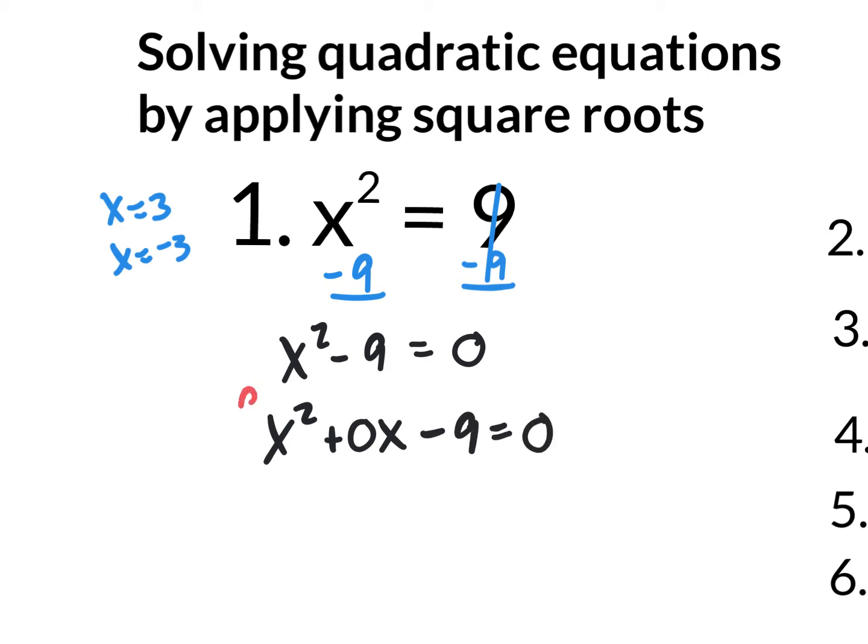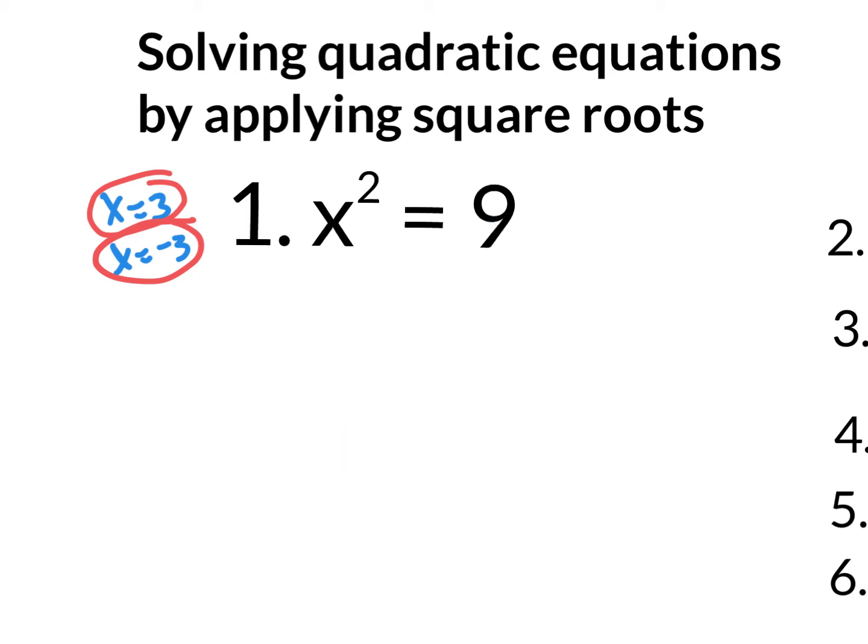Then you could identify your a value is 1, your b value is 0, and your c value is negative 9, and you could technically plug it into the quadratic formula, x equals negative b plus or minus square root of b squared minus 4ac, divided by 2a, and do all that math, and believe it or not, it will give you the same exact two answers, x equals 3 and also negative 3. Why would you want to do that? I have no idea. But anyways, you can do that if you wanted to.